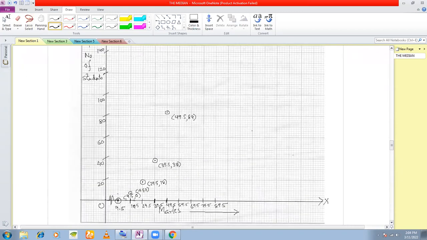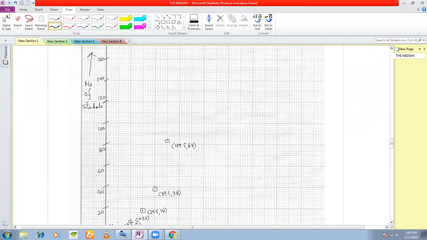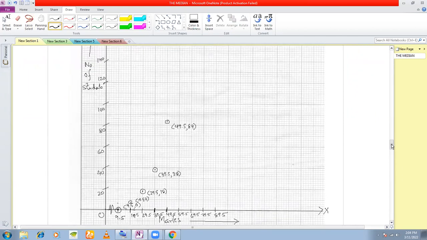You locate 140, and you have to move half a division above 140. The next division is 142, so somewhere midway between these two divisions you have 141. So midway between these, you give a coordinate here. This will become your 59.5, 141.